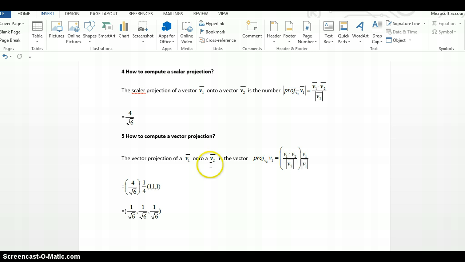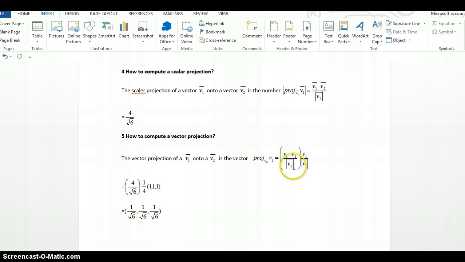So if we project v1 onto vector v2, we write v1 as a subscript. It is therefore equal to the dot product between the two vectors, v1 times v2, divided by the modulus of v2, then times the vector v1 divided by its modulus.